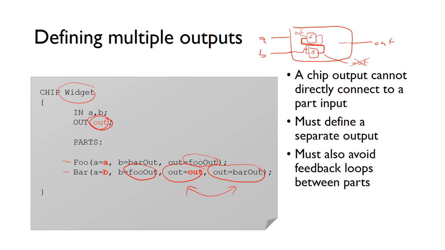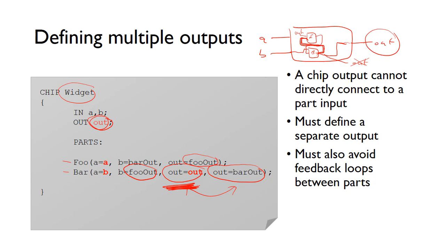One is called out, which connects to here, the external output, so that's this one. Then we've got another output, which I've called bar out, which then feeds back into foo. So you cannot connect this external output to any of these inputs. You have to create a separate output.